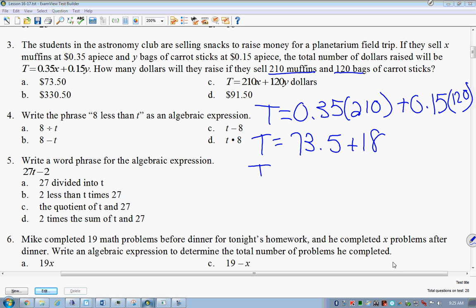All right, we still need a total though. $91.5. Okay, 91.5 or $91.50. Okay? It's not a difficult question, but we do have to read and we do have to be careful.